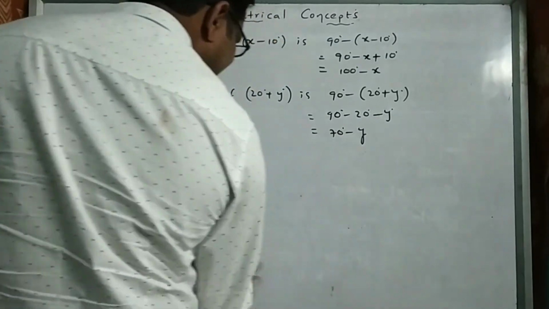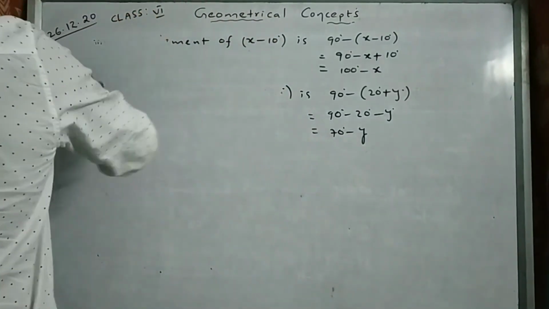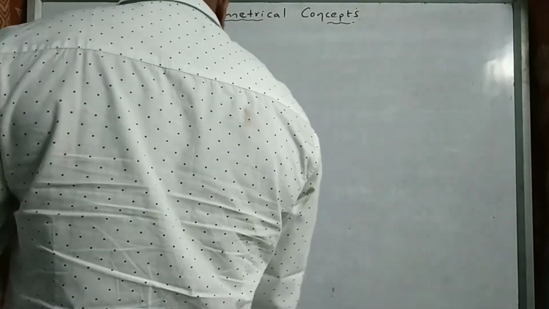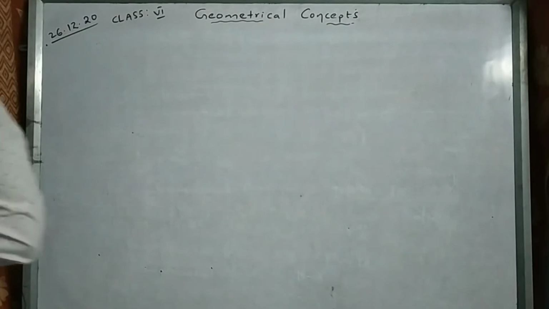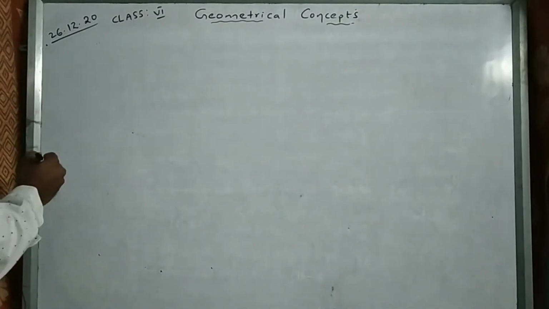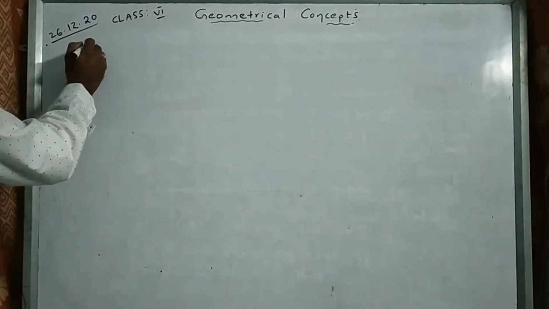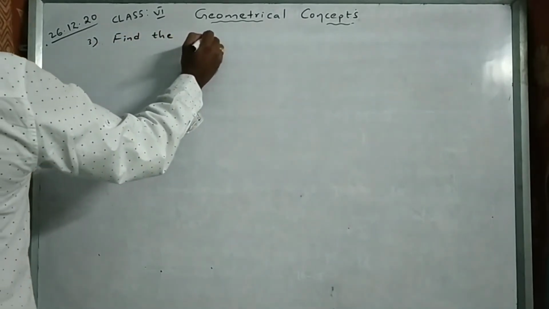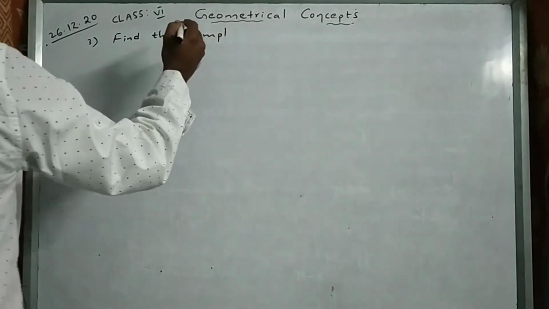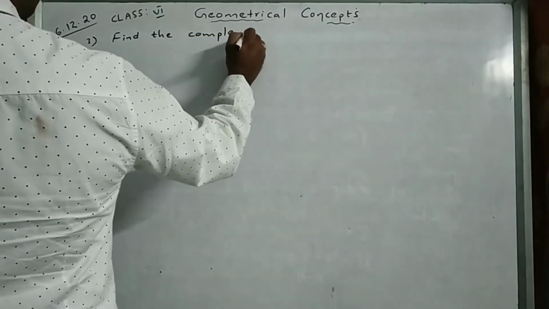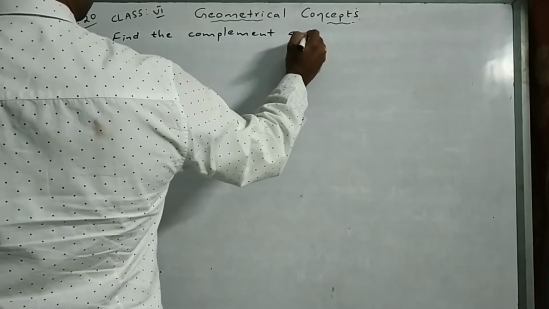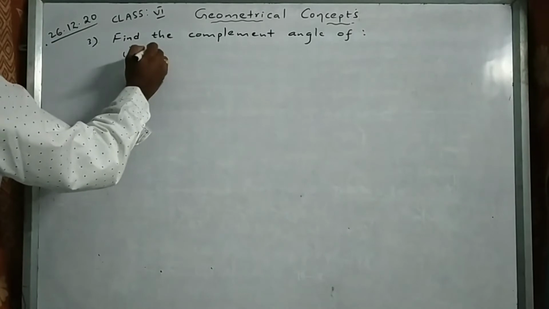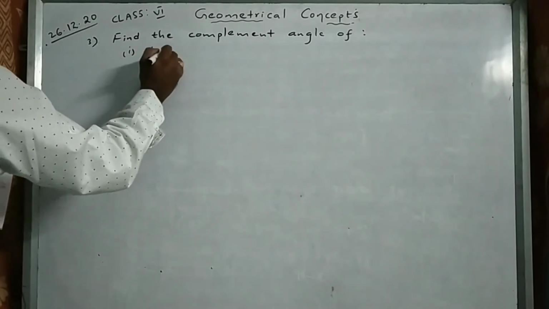So complementary angle means the sum of two angles must be 90 degrees, right? Next question. Find the complement angle of first question, 1 by 2 of 60 degrees.